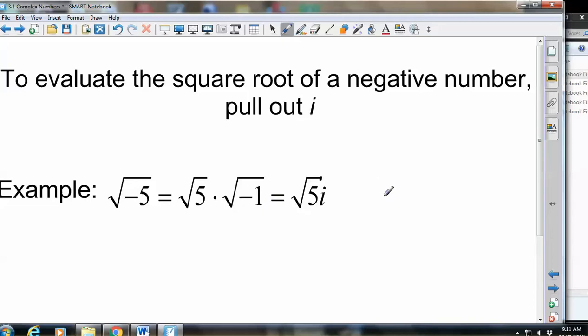Radical 5 i, as long as the i is clearly outside the radical. Usually in your Algebra 2 book, it wrote it as i radical 5. They're both correct. It really just depends on the textbook which notation they go with. Since you guys usually put the i in front of your radical in Algebra 2, I'll try to do it that way. Sometimes I may put it at the end, but it's the same thing. It doesn't matter, as long as it's outside the radical.